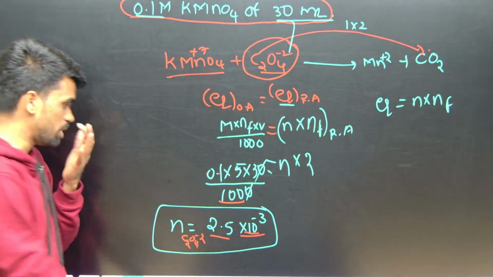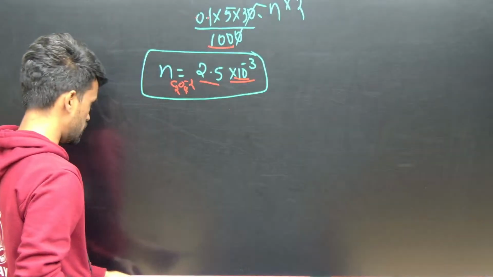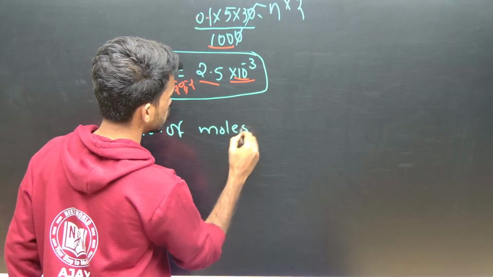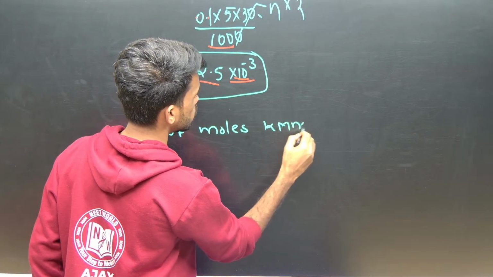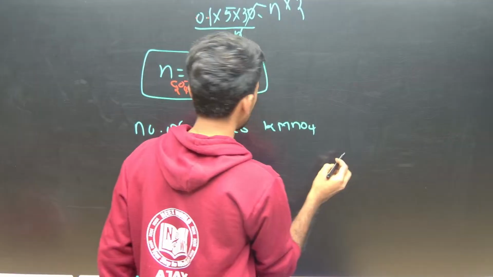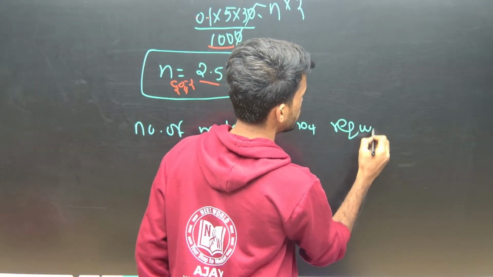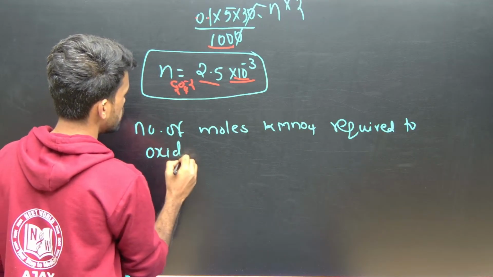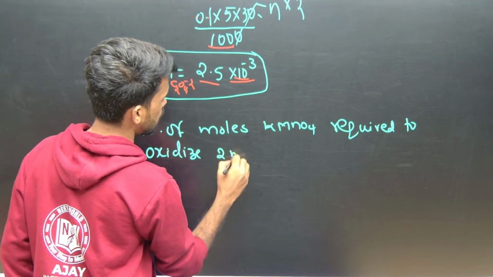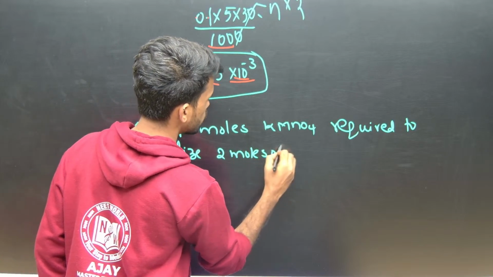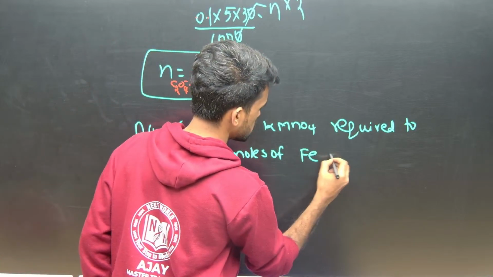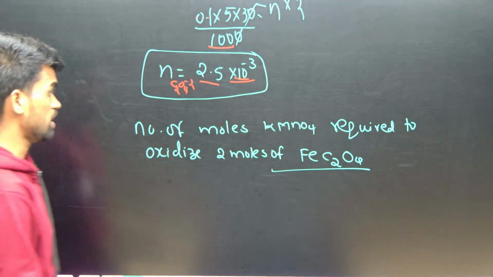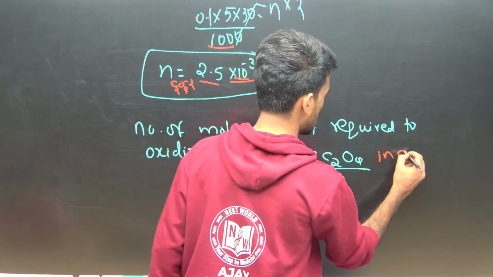Okay. In the same manner, just tell me what will be the answer for this. Number of moles of KMnO4 required to oxidize 2 moles of ferrous oxalate FeC2O4 in acidic medium. Giving the hint also, in acidic medium.